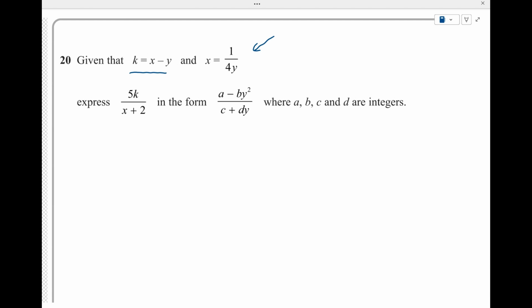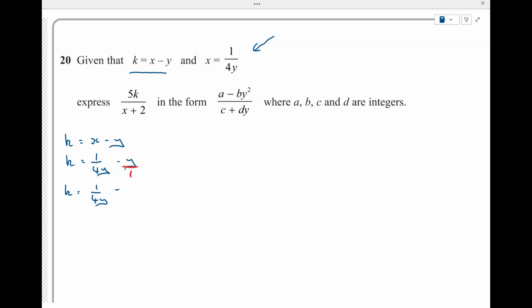Well, I'm straight away thinking that if k equals x minus y, and if x equals 1 over 4y, then k equals 1 over 4y minus y. And I'm thinking I can simplify that further now. So k will be 1 over 4y minus, now I'm going to write this, y over 1.